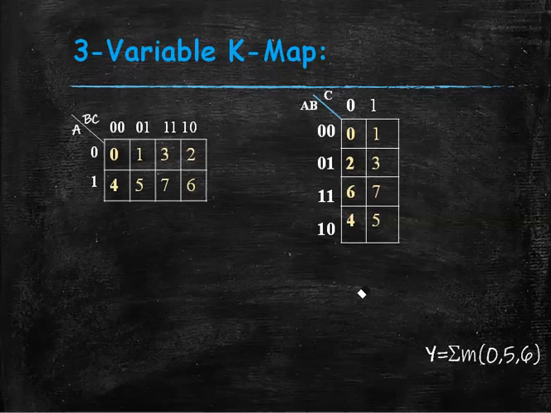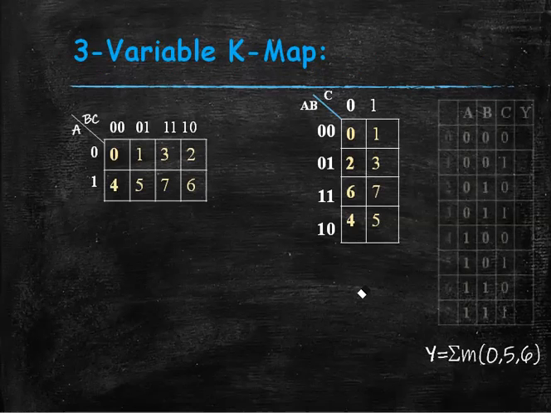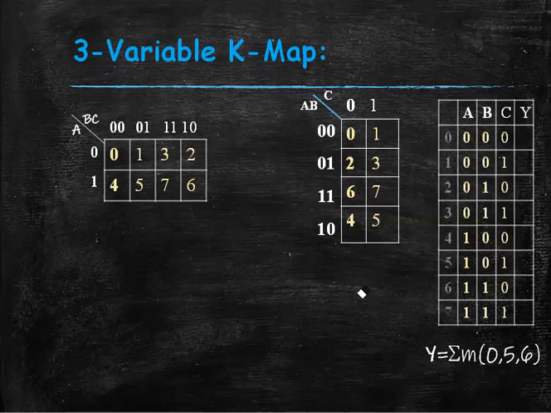And for the SOP, we can obtain the truth table. How can we obtain the truth table?